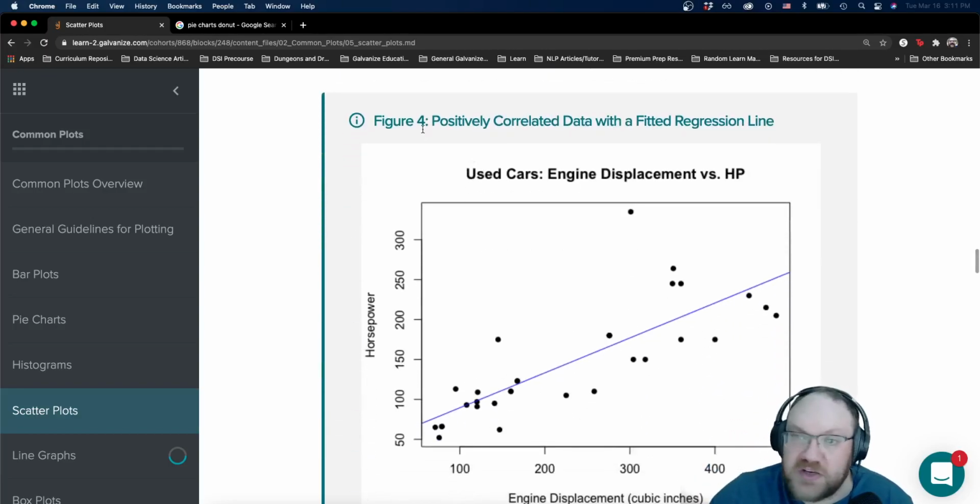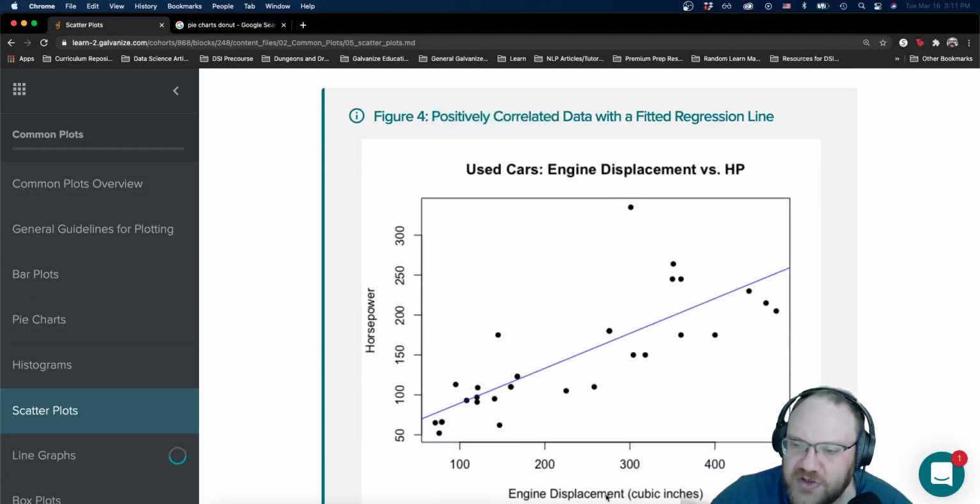Conversely, we have positively correlated data, which, as you would guess, means as one variable increases, in this case engine displacement on the x-axis, we would also expect our horsepower to increase. So as one variable increases, the other is likely to increase as well. From a designer's point of view, say I want to make a truck that has 200 horsepower. Approximately how large of an engine am I going to need?